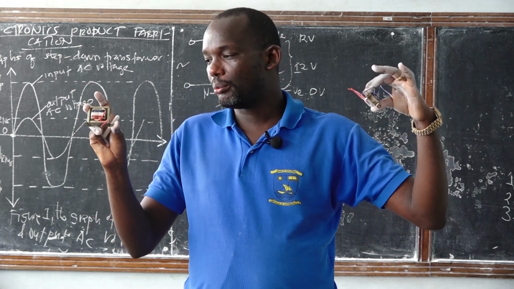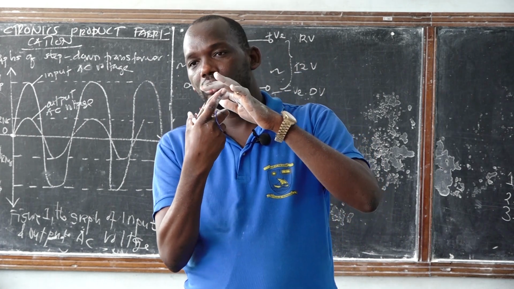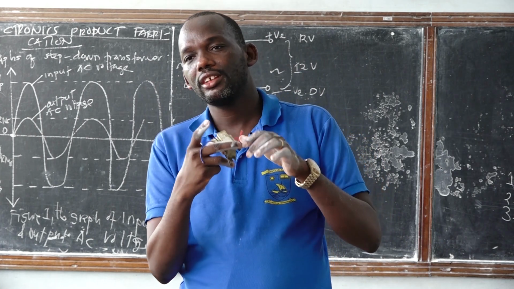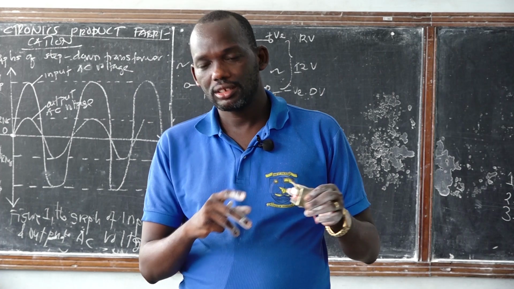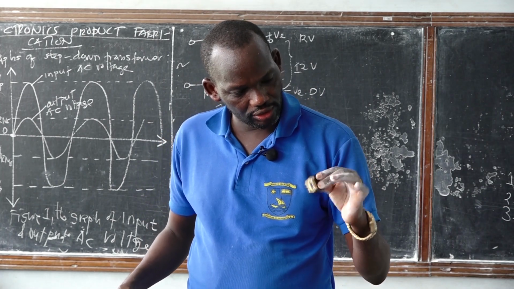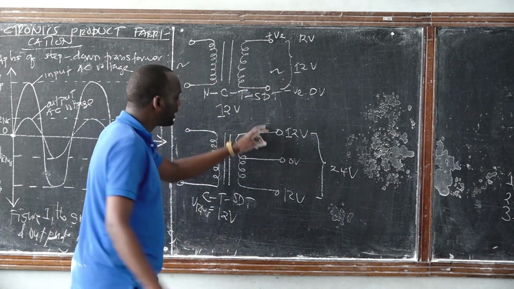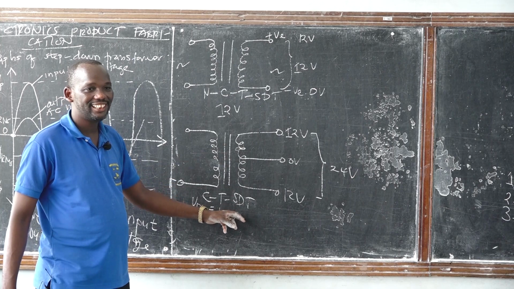Output here, blue. On this part, we have blue, yellow, blue. So this is for the breadboard. So if you understood what I am saying here?